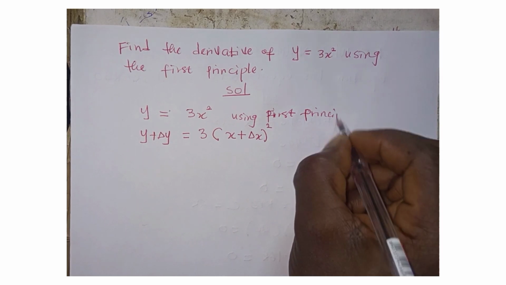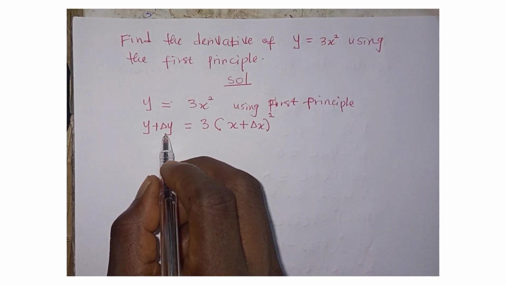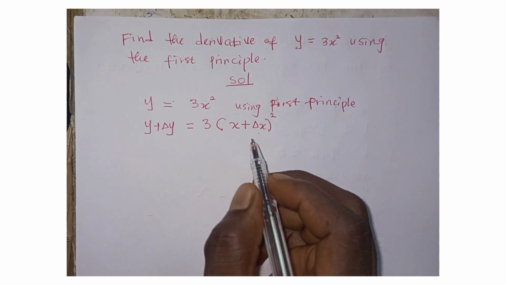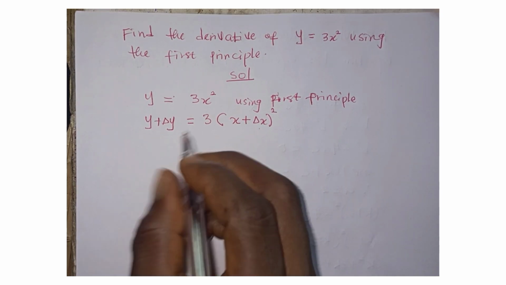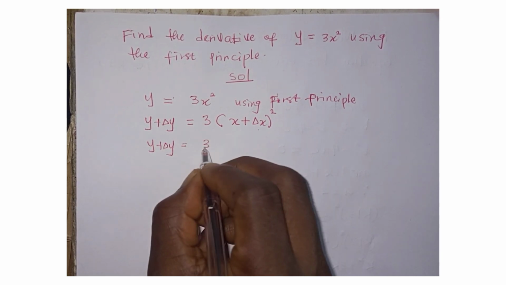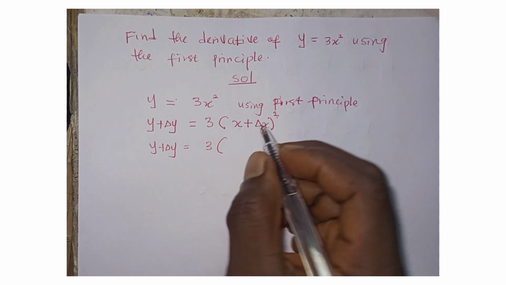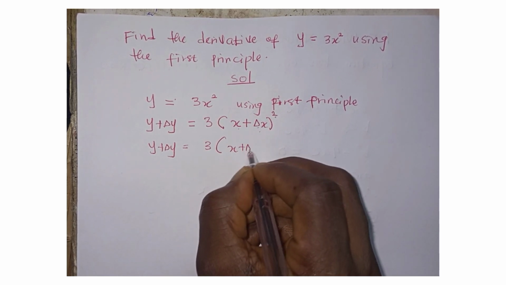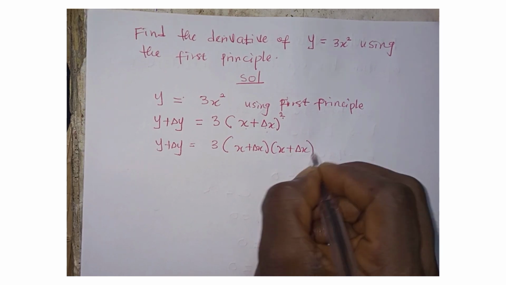Because for every change in y, there must be a change in x, I will now add the changes. So it will now be y plus change in y equal to 3, and this x plus change in x all squared means I will expand. Then it will be x plus change in x multiplying x plus change in x.